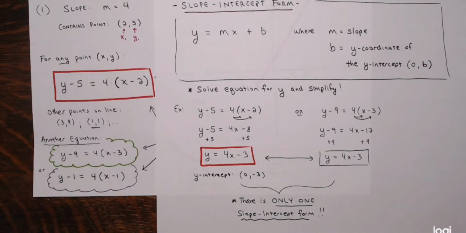There were infinitely many point-slope forms that you could choose from, depending on the point you chose on the line. But there's only one slope-intercept form. I hope that's clear. Again, because there can be only one y-intercept.